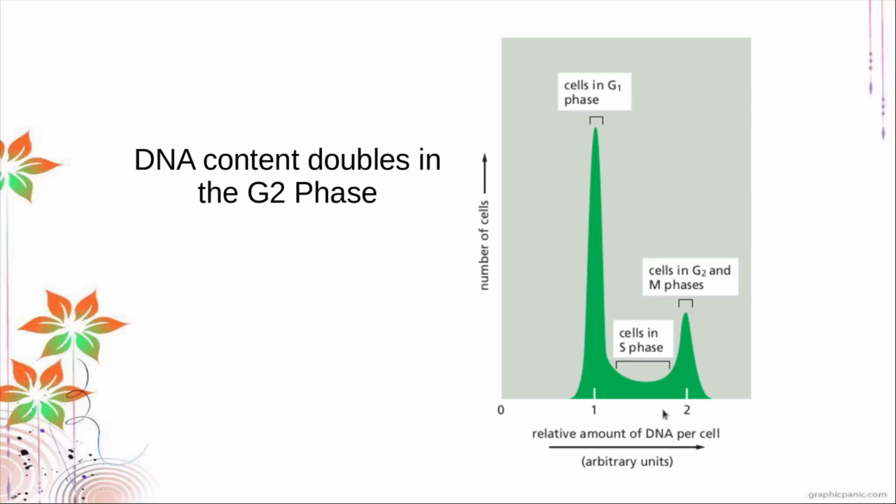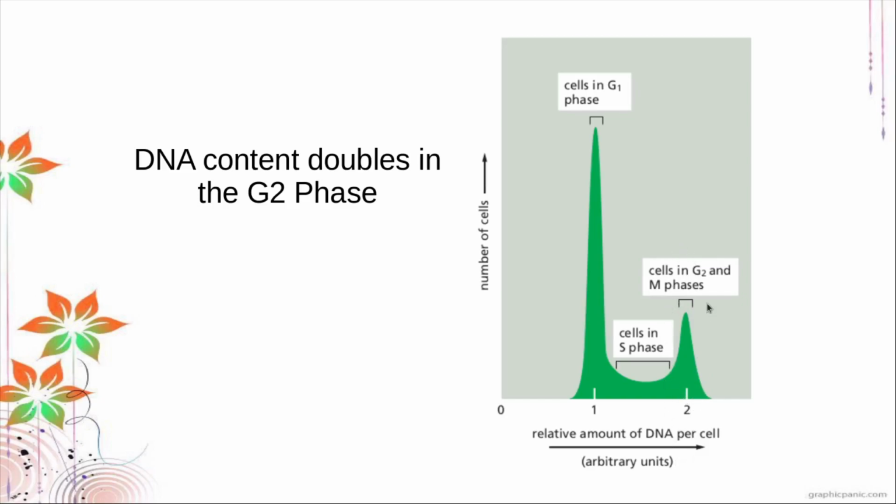If you look at the relative amount of DNA, in the G1 phase you have basically one set of DNA, so we have the 23 pairs. When you are in the G2 and M phases, you can see that the amount of DNA per cell is doubled. So instead of 23 pairs, you basically have 46 times 2, so 92 chromosomes.